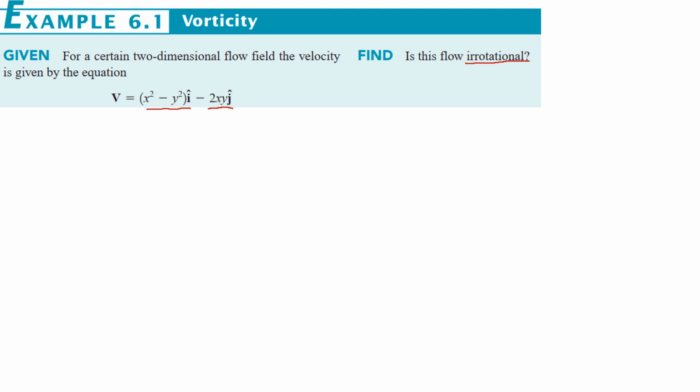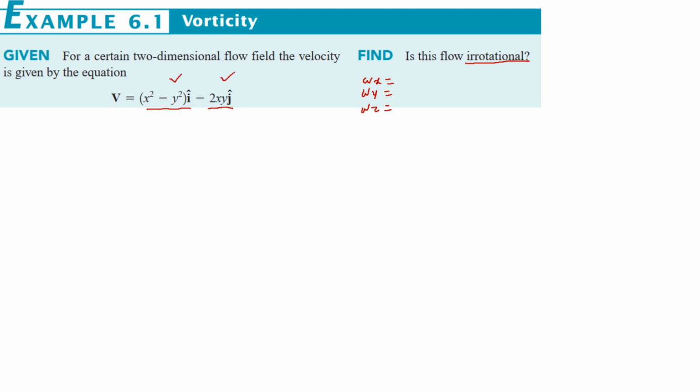To see whether it will rotate or not, we will use our rotation formulas that we derived in the previous lecture. That was rotation along the x-axis, rotation along the y-axis, and rotation along the z-axis. We derived some terms for these rotations, and this velocity has one x component and one y component.